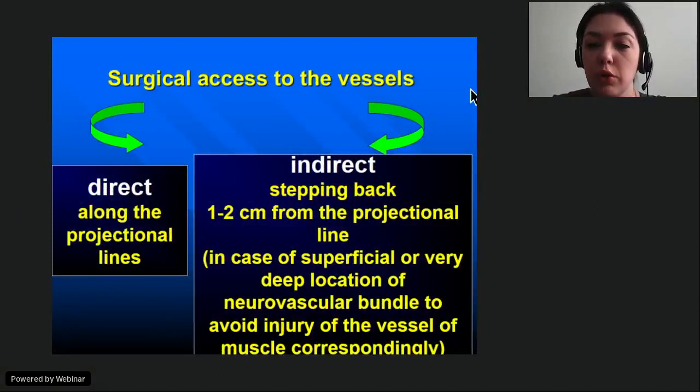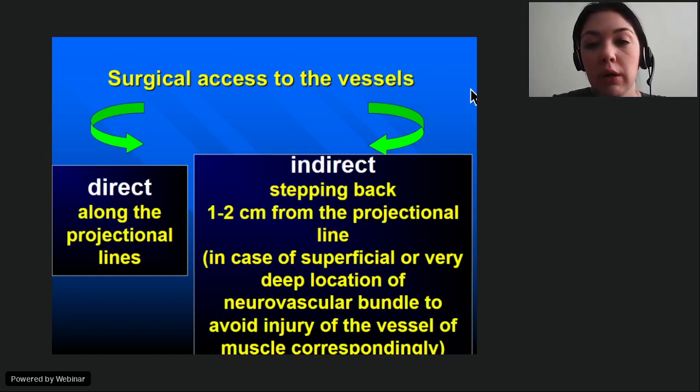Surgical approach or surgical access to the vessels, not only to the vessels, but to all the structures of the neurovascular bundle, can be direct and indirect. A direct surgical approach is one that corresponds to the projectional line. And an indirect one goes away, stepping back 1 or 2 centimeters from the projectional line.